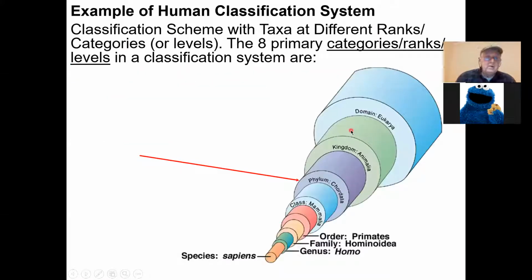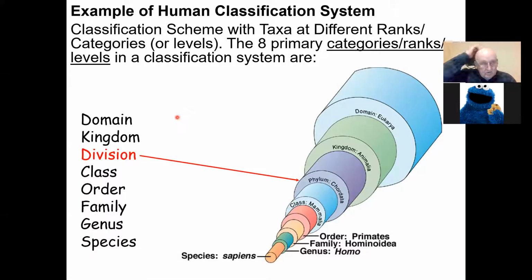Now, on the next slide, instead of having mailboxes in a mailroom, the categories or levels are housed, H-O-U-S-E-D, within one another. That's what this is trying to show, that each is housed in another level or rank.